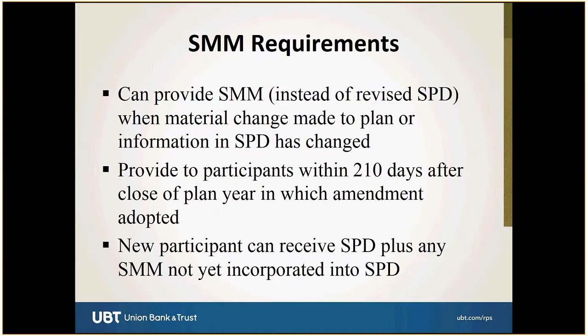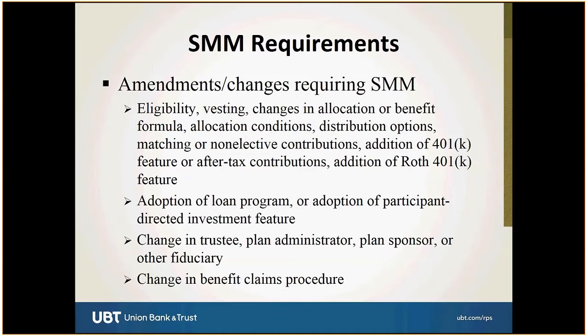So if you've adopted an amendment that requires an SMM to be provided to participants, and you adopted that plan amendment sometime in 2018, then you're going to need to provide that SMM to all participants no later than the end of July next year.